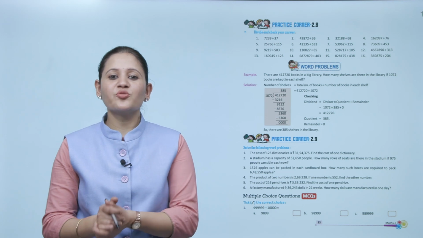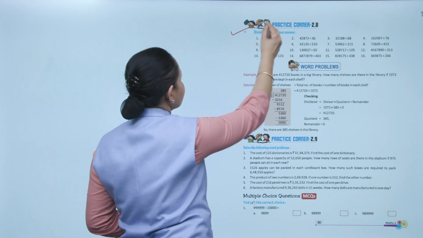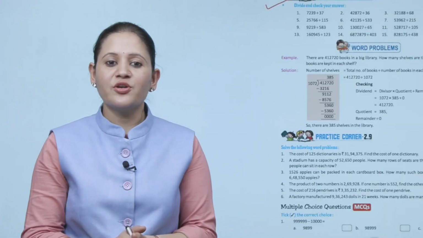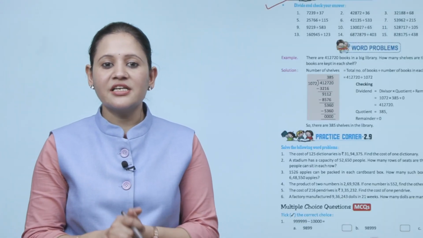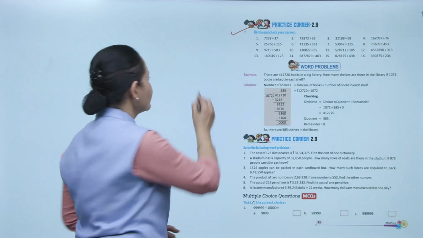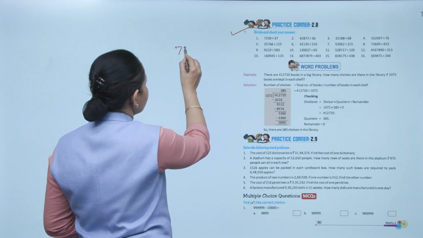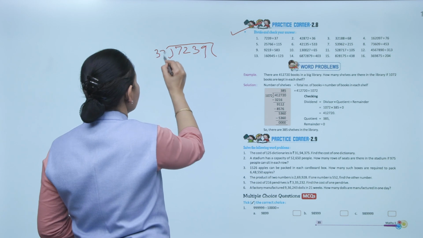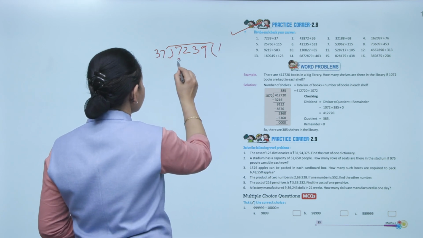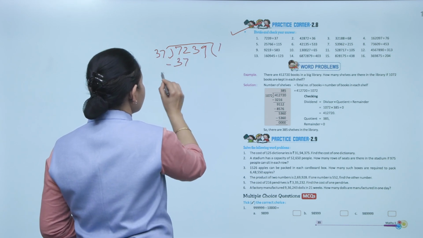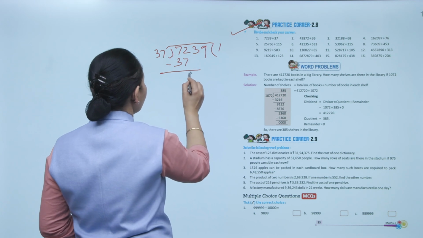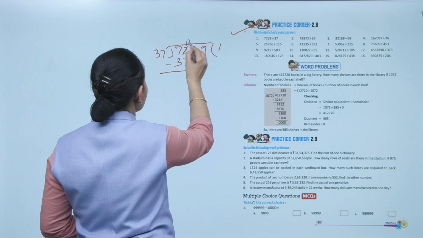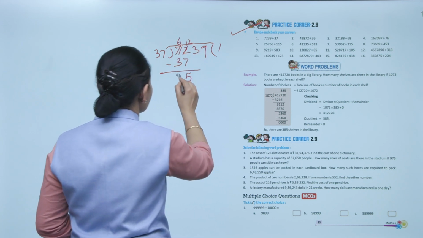Next is practice corner 2.8. Divide and check your answer. Here we have to divide 7,239 by 37. So 7,239 divided by 37. One time, subtract करेंगे 5, 12 and 6, 3, 35.